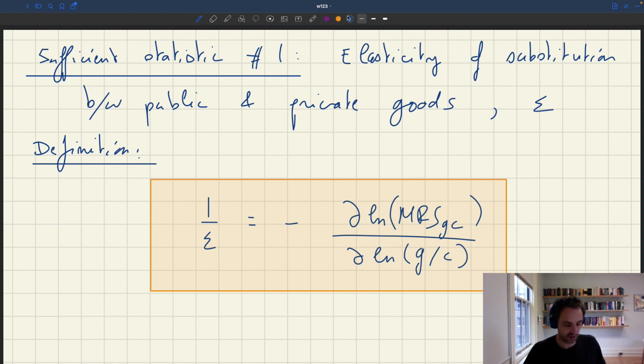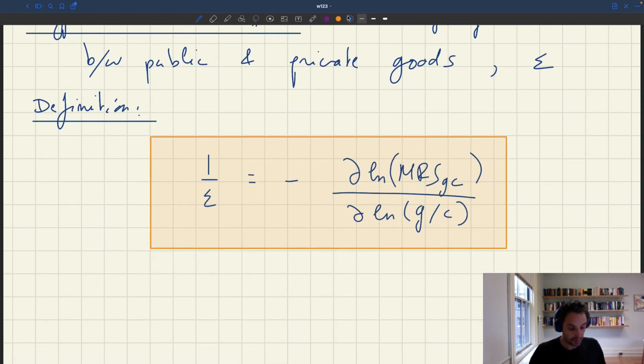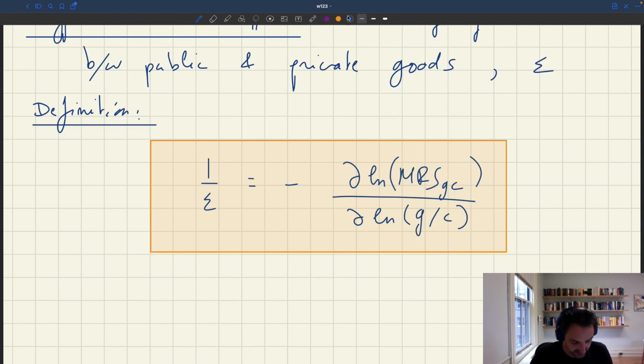Basically, it's the inverse of the elasticity of the marginal rate of substitution with respect to the ratio between public and private consumption.